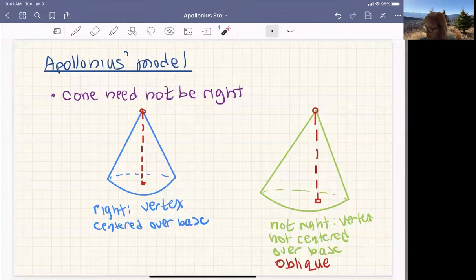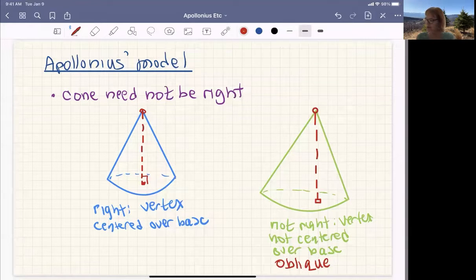Now, in a right cone, if you drop a height, so this is going to be a line that's going to be perpendicular to the base, it's going to hit the base right in the center. So basically, the vertex of the cone is lined up perfectly centered over the base. So that's a right cone.